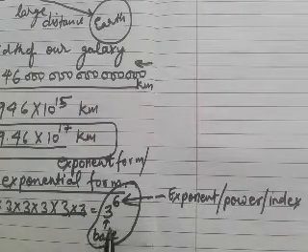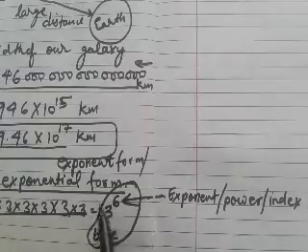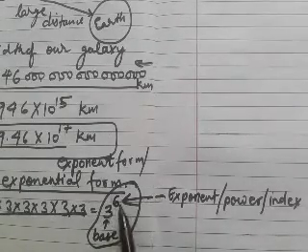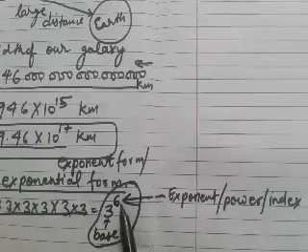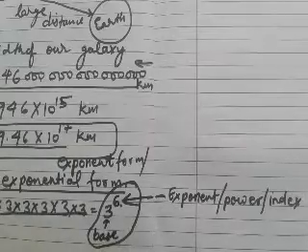The number that is repeated is called the base of the exponent form, and how many times it is repeated is called the exponent or power or index of the base.